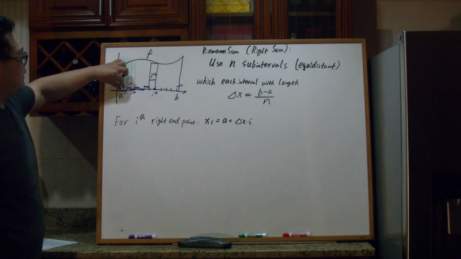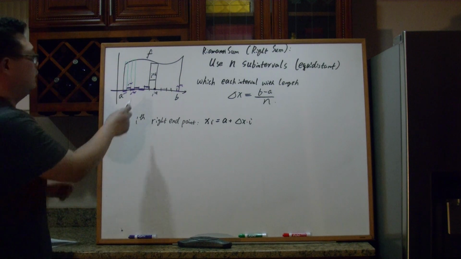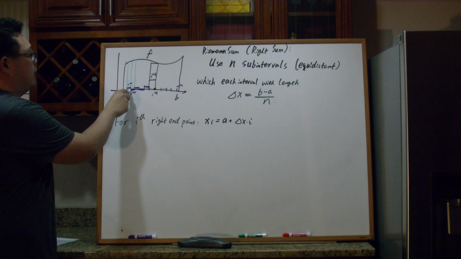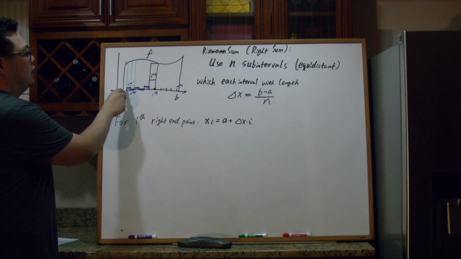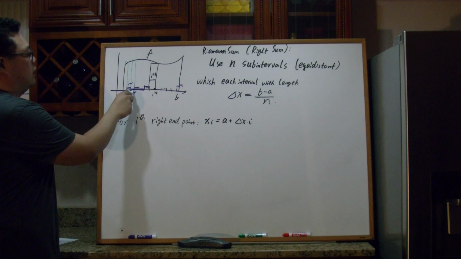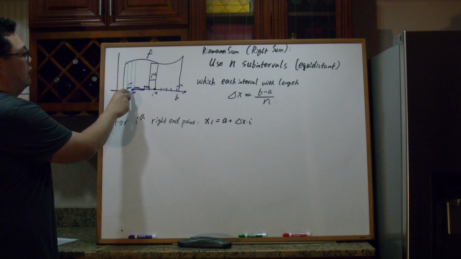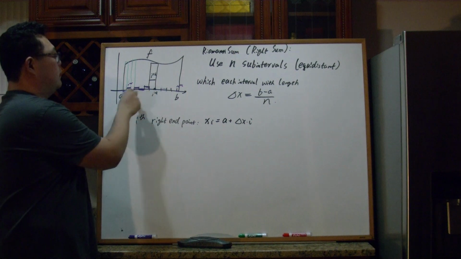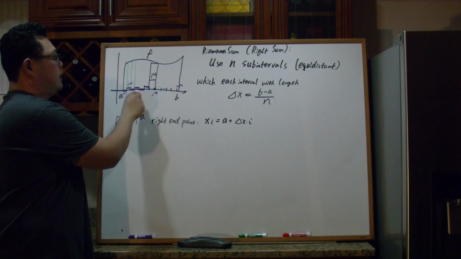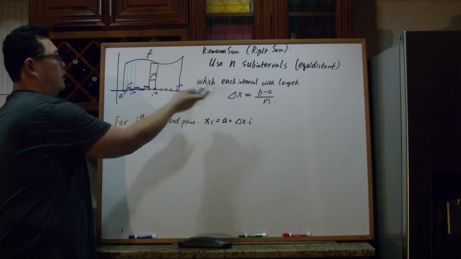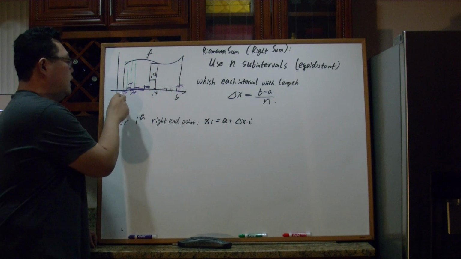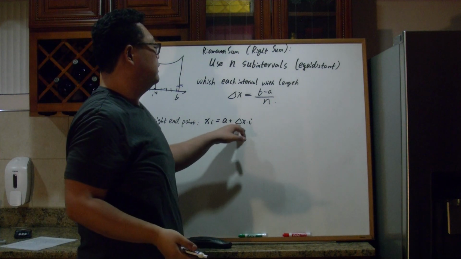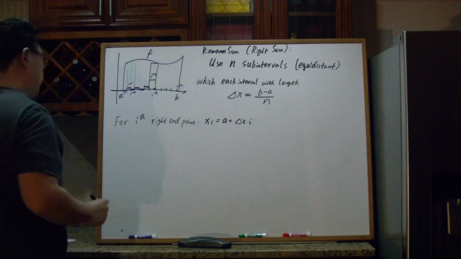Delta x is the length of the subinterval. The first right endpoint will be a plus delta x once. The second will be twice delta x, the third will be 3 times delta x, more than the a. The ith right endpoint will be i times delta x more than a. So that's a plus delta x times i.